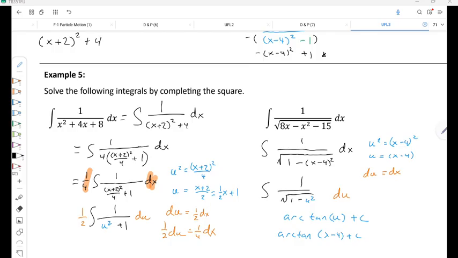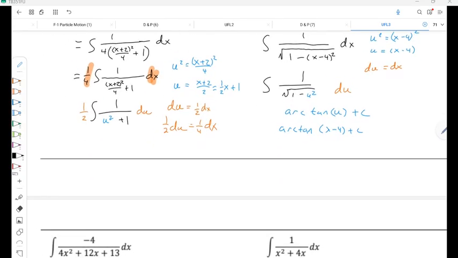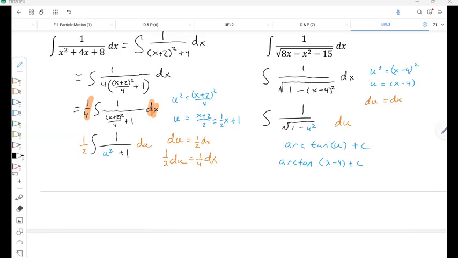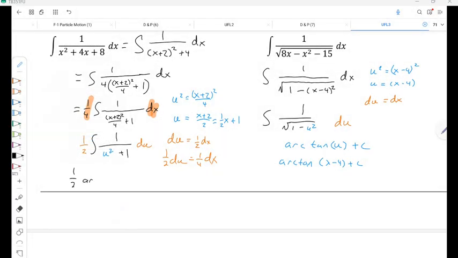And we are just about done. So that gives us 1/2 arctan of u, plus c. So we have 1/2 arctan of x plus 2 over 2, plus c.